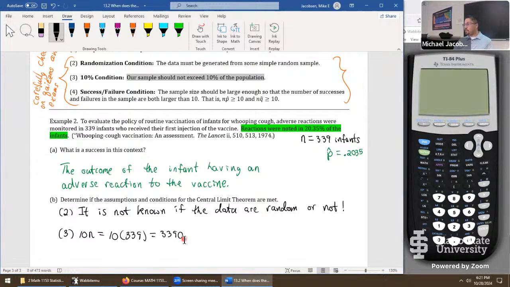And the population for this, because it's a whooping cough vaccine, is conceivably supposed to be all infants on the planet. Everybody should be getting access to that vaccine. So we can say here on this problem, even though we don't know exactly what the population is, it is plausible. Let's say very plausible.